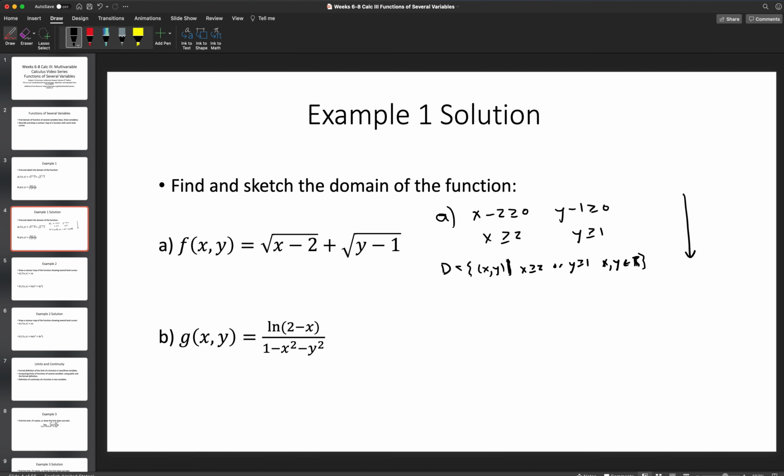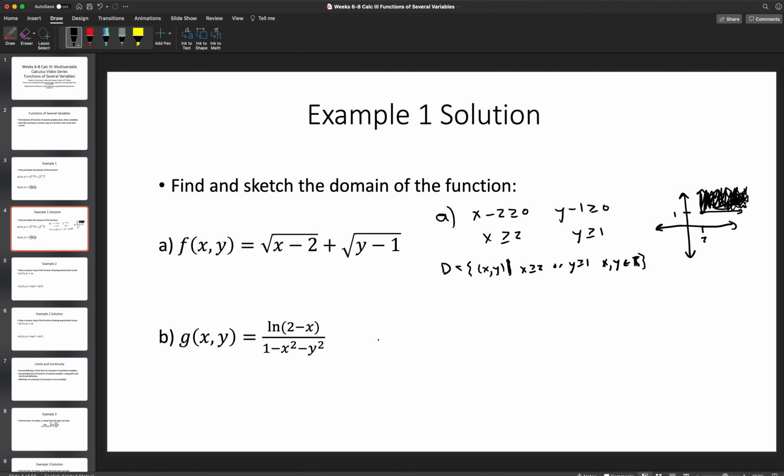If we sketch the domain D on the coordinate axes, we're just looking at when x is 2, y is 1, and every value greater than or equal to those. So the domain D is this infinite region. Of course, we can't sketch the whole thing, but it's this infinite region in the upper right quadrant, quadrant 1, that kind of looks like half of a rectangle.